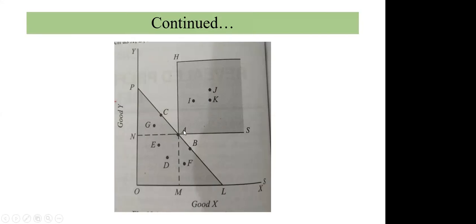It is obviously always preferred over point A because it gives him more of both goods, but it is beyond his budget line, so he will not be able to purchase it. So he will be at point A and not at a point beyond his purchasing capacity. Clear? Yes, ma'am. Okay.